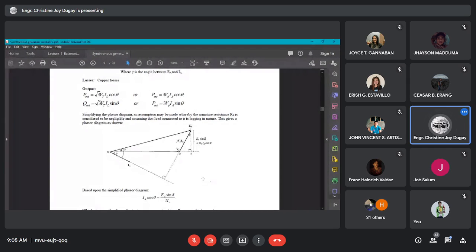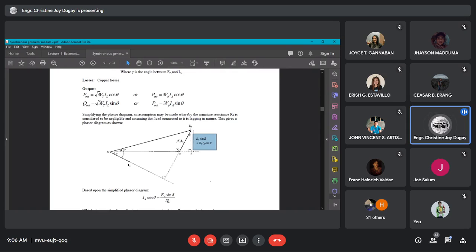Next po tayo. So based upon the simplified phasor diagram, pwede daw po nating makuha na yung IA cosine theta is equal to EA sine, eto, from this equation alone. Nakikita po ba yung cursor ko? Ayan. From that equation alone, pwede nating i-simplify yan, no?